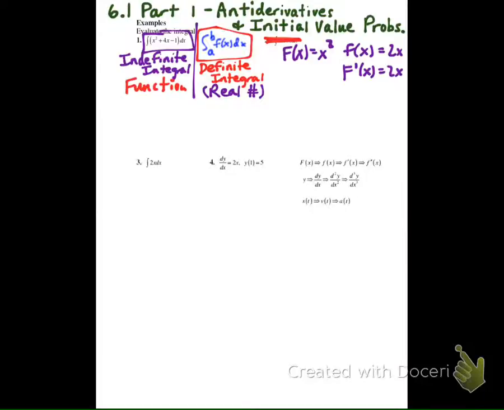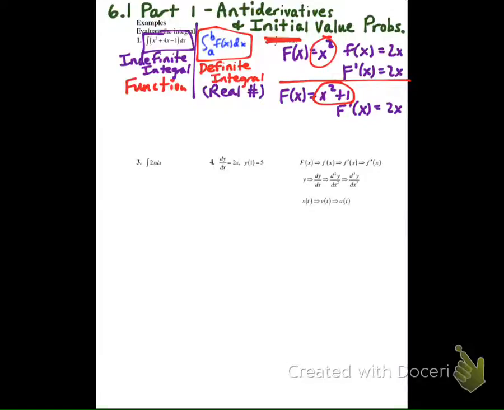Well, that's all fine, but what happens if we just add a constant? Capital F of x is equal to x squared plus 1. Well, guess what? F prime of x is still equal to 2x. So what we see here is that lowercase f of x has not just one antiderivative, but another antiderivative, and you can just keep changing the constant that you add to the x squared.